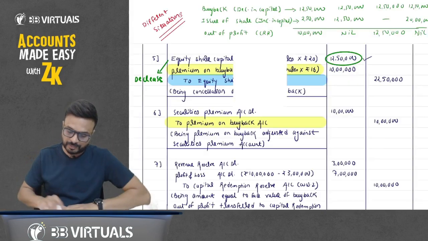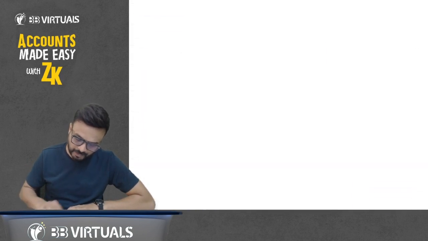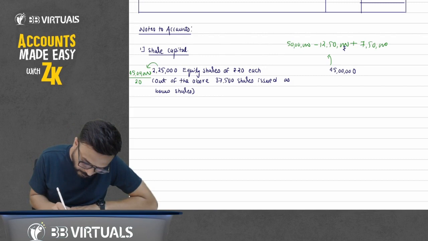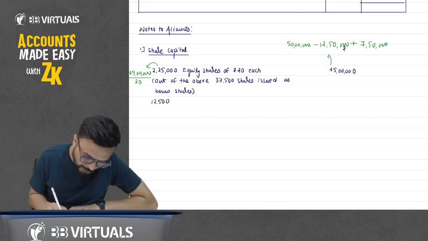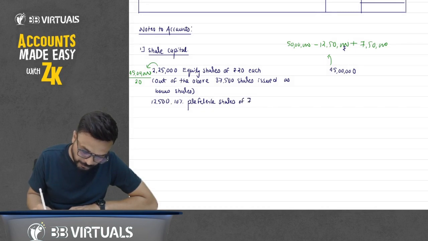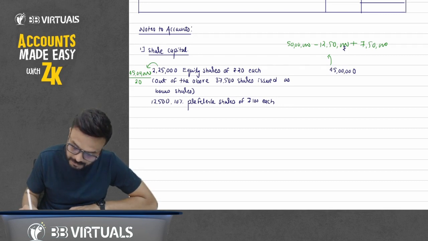So write down here 12,500, 10% preference shares of rupees 100 each. How much is it?